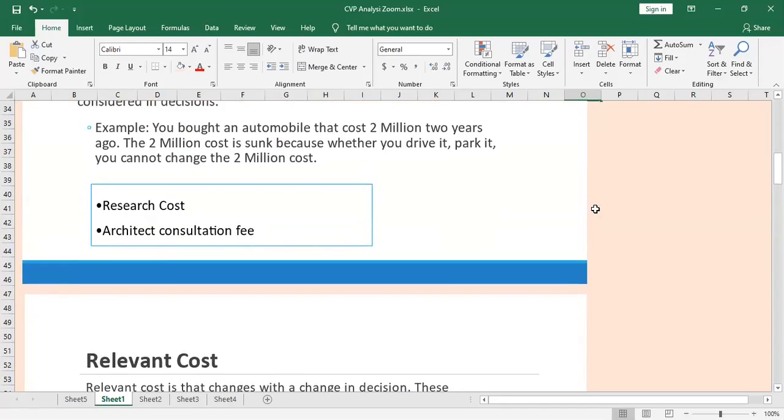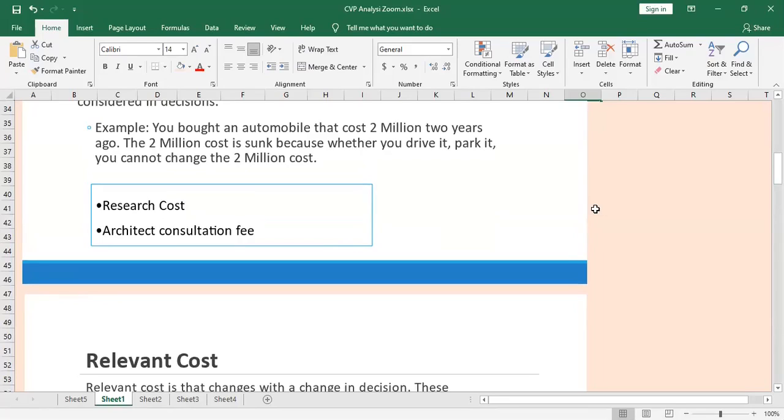Now, if you take the same example we discussed earlier, you bought an automobile that cost 2 million 2 years ago, and now you have a decision whether you are going to park it at the garage or you are going to take it with you. Are you going to drive it? So when you are making that decision, what is the cost that has been affected? That is actually your petrol cost, right? How much you will have to pay for petrol.